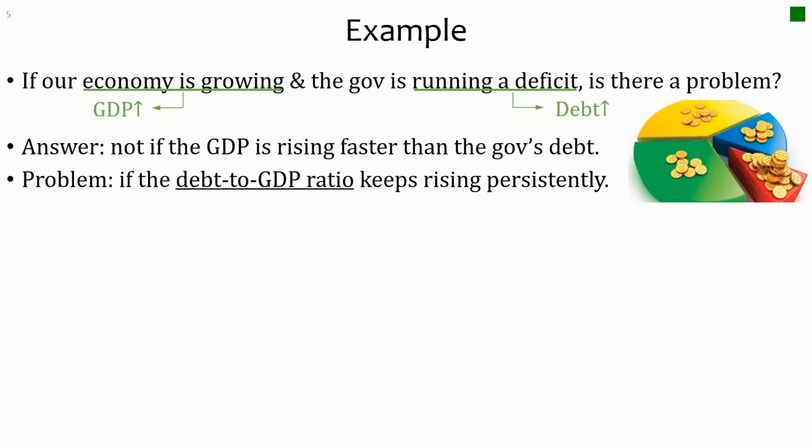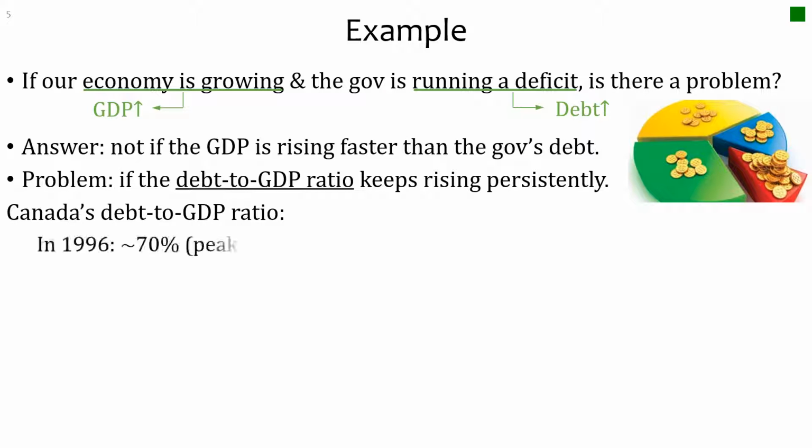So it's not really as simple as it may sound at the beginning. All governments have billions of dollars of debt. It's more complicated than the absolute size of the debt. It's about the relative size of the debt to the GDP. Canada's debt to GDP ratio was about 70%, which was its peak in 1996, more than 20 years ago.